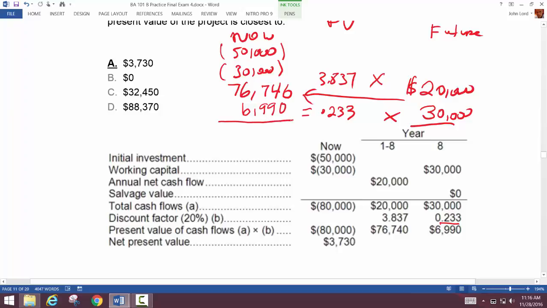Okay. So now you go through, you've got this negative 80,000 cash outflow. You got 76,000 coming back. You got 6,990 coming back on a present value basis. That gives me what? 3,730.